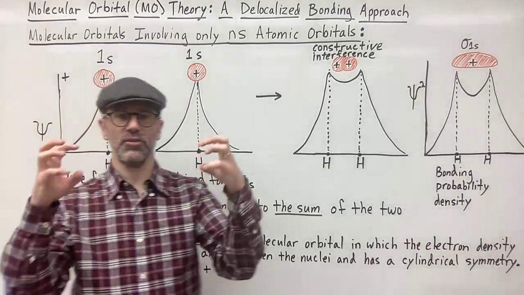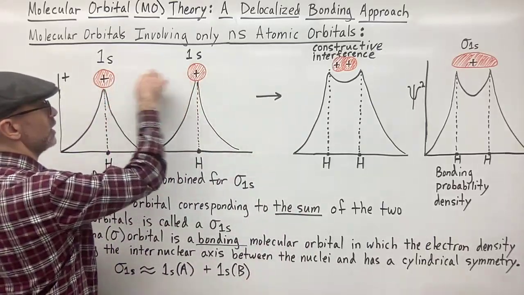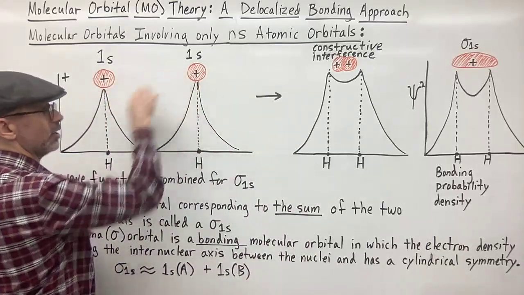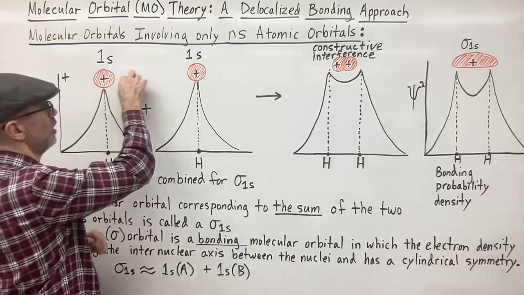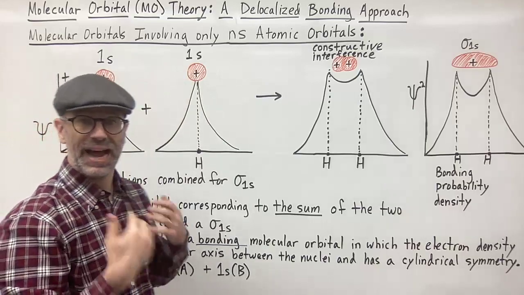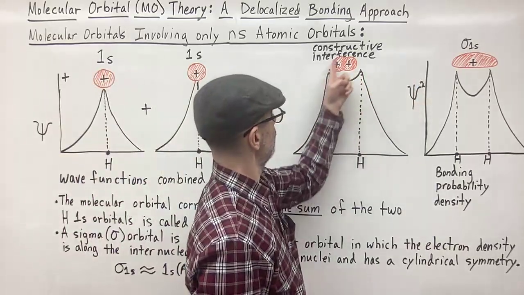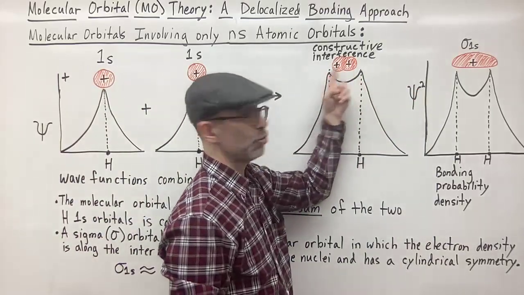It is right between the two atoms. If you were to draw a line directly between the two atoms, that would be the internuclear axis. And so the density is between the two nuclei.